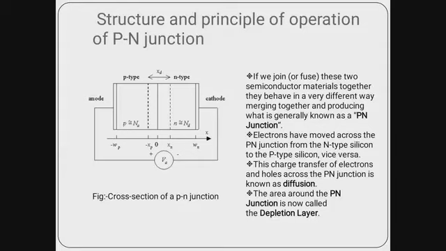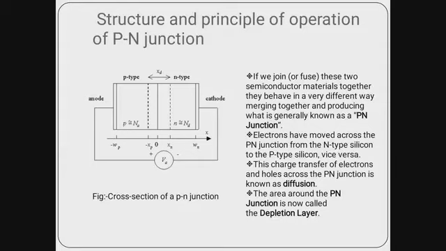What kind of operation basically happens due to this formation of the PN junction? We have to know, when n-type and p-type semiconductor materials are first joined together or fused together, a very large density gradient exists between both sides, the p side and the n side.